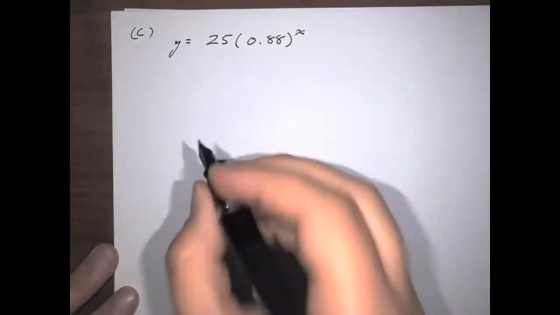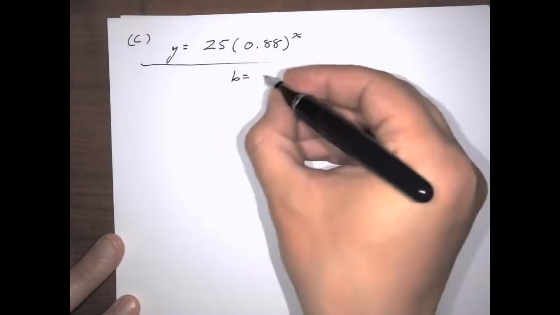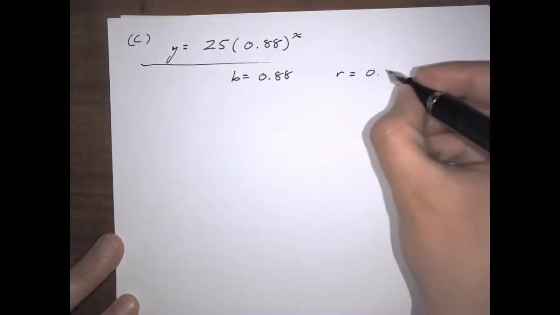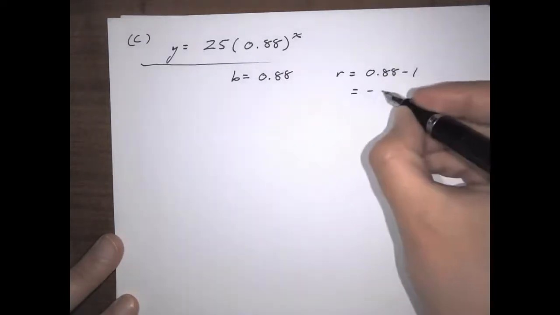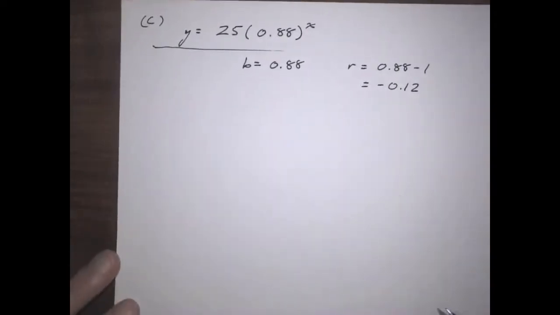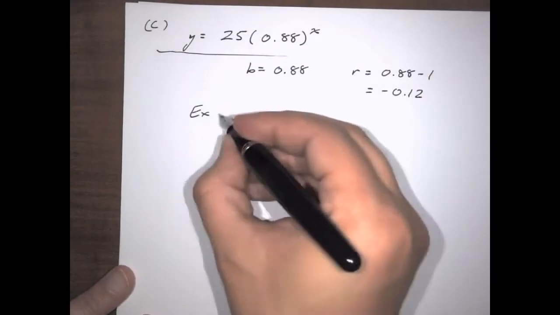This fits the profile of an exponential function perfectly. But the b is 0.88, which means that r is 0.88 minus 1, which is negative 0.12, which means that it is decaying because it's negative. So this is exponential decay.